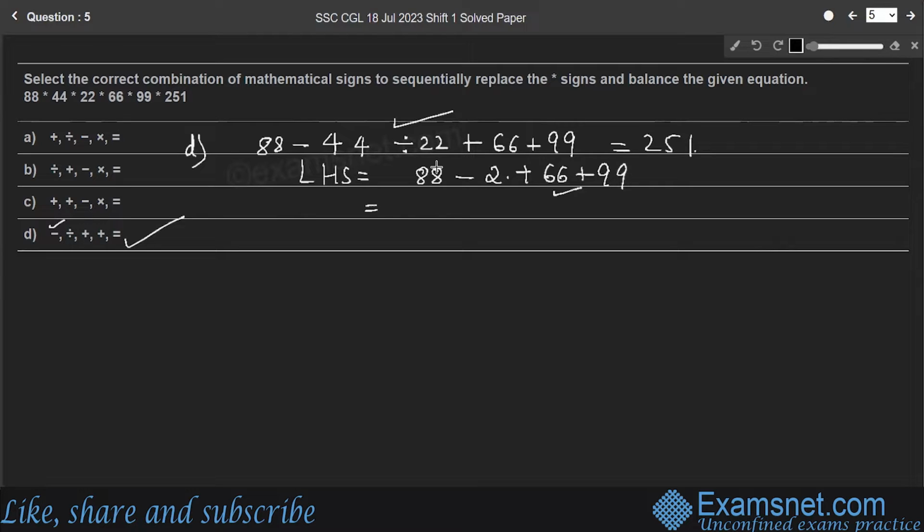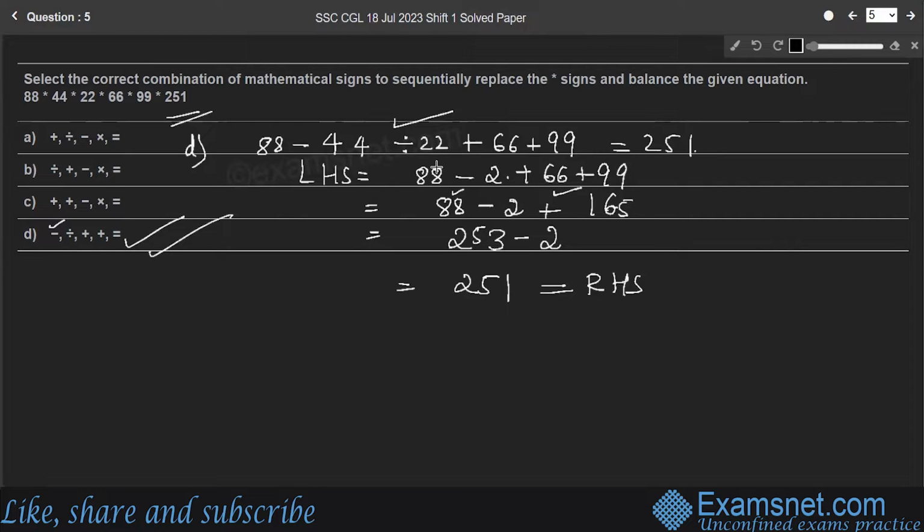Here comes the addition part. So 66 plus 99 is 165, and 165 plus 88, you will get 253 minus 2. So 251 is the answer, which is equal to RHS. Therefore, option D satisfies the given equation, or option D balances the given equation. Therefore, option D is the right answer.